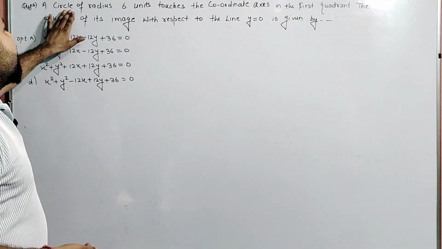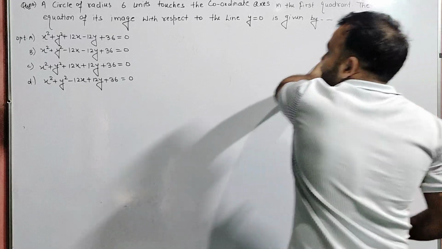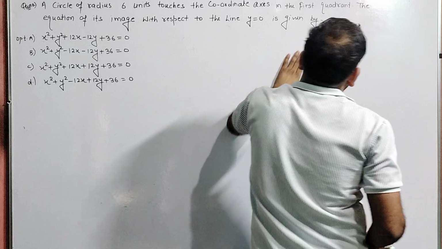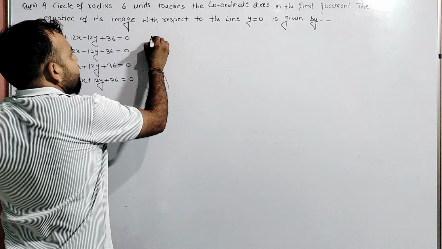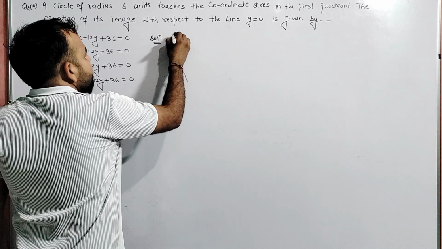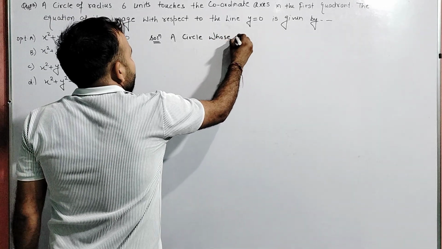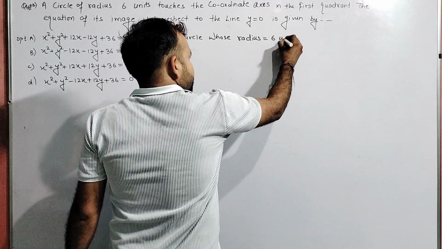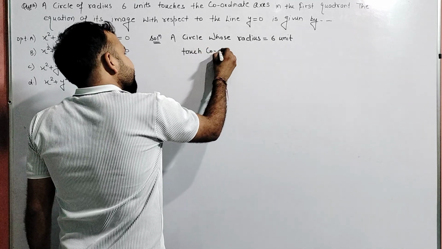In this question, a circle of radius 6 units touches the coordinate axes in the first quadrant. The equation of its image with respect to the line y equals 0 is given by. Student, you can see that a circle whose radius is 6 units, and this circle touches the coordinate axes.